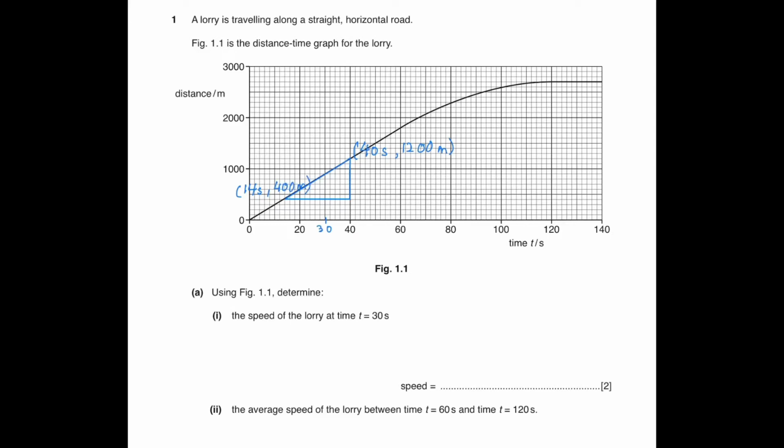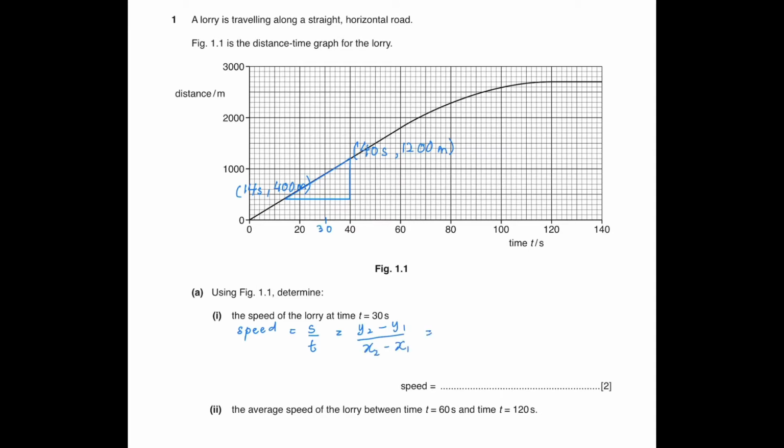Okay, so we substitute in the formula of speed equals to S per t, distance per time. So S is from y2 minus y1 per x2 minus x1.